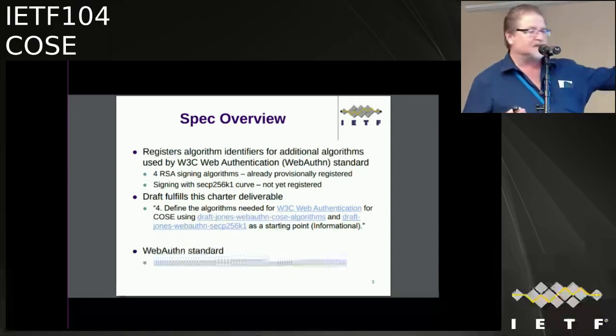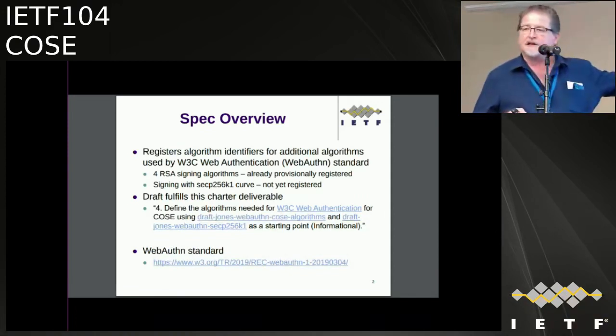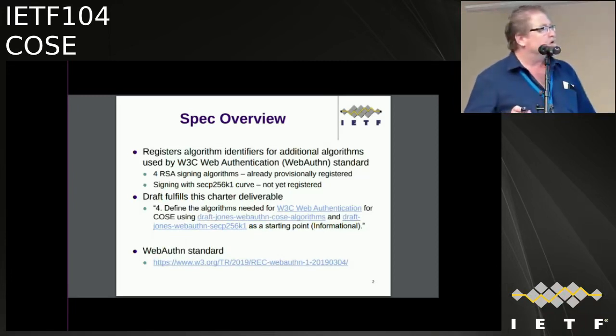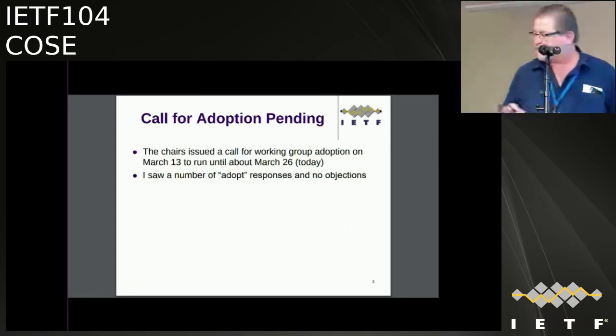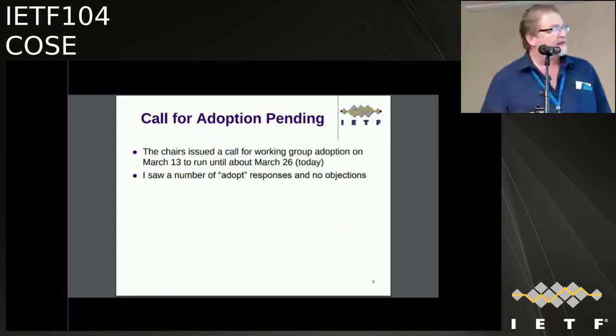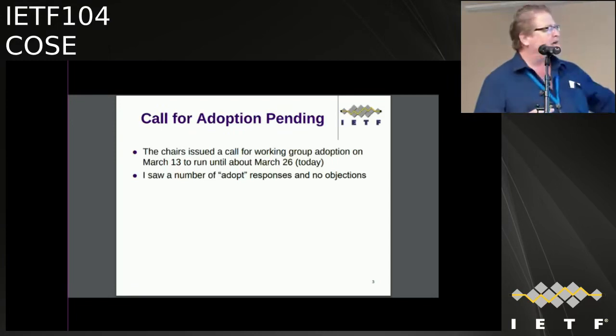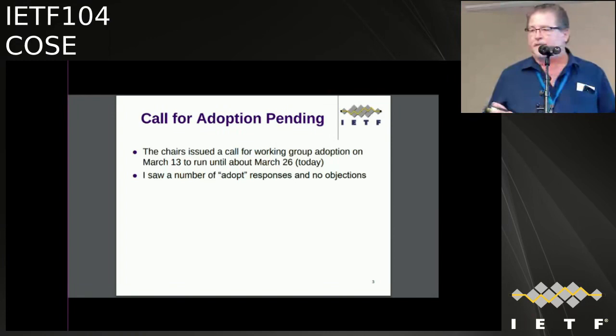And just for reference, if you're downloading the slides, this is the final WebAuthn specification URL. The chair has put out a call for adoption as a working group document for this on March 13th to run until about today.